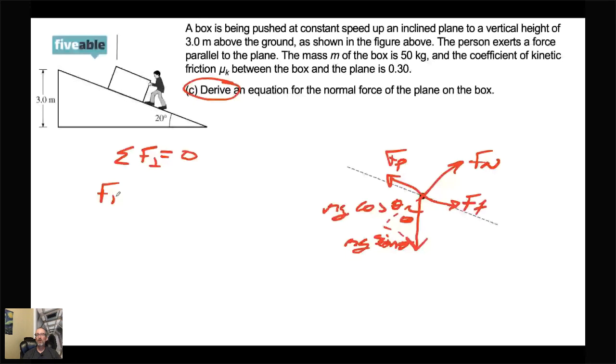Down to the left is going to be mg cosine of the angle. So Fn minus mg cosine of the angle is equal to 0, and so now Fn is equal to mg cosine of the angle. We've done that a million times. I'm sure your teachers had you do this a bunch. So that one is deriving the normal force.